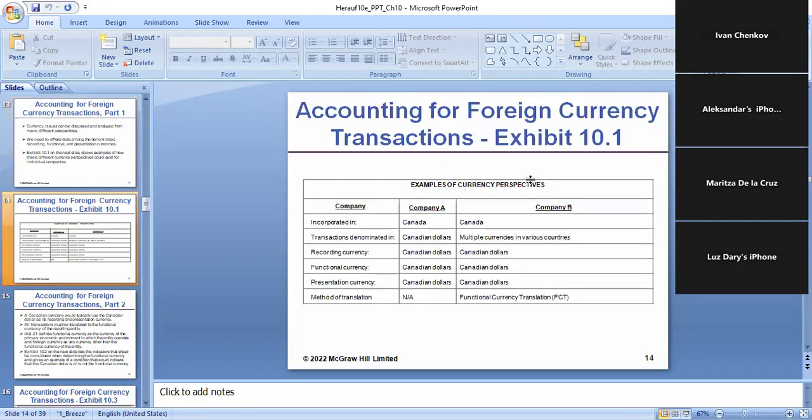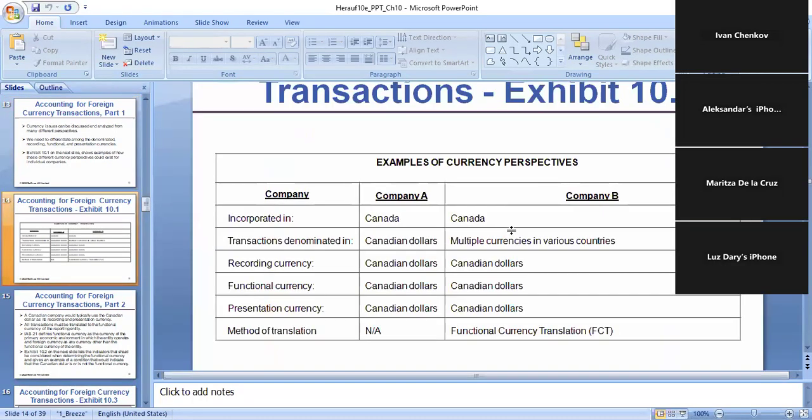So what we're going to see in the next slide is that this slide is going to continue next time. So we're going to see which one is what here. Examples of currency perspectives.